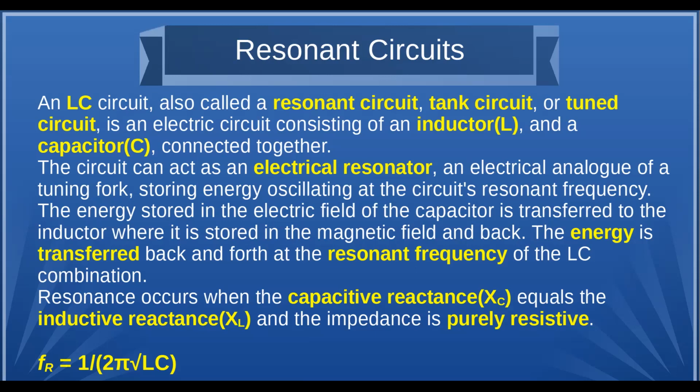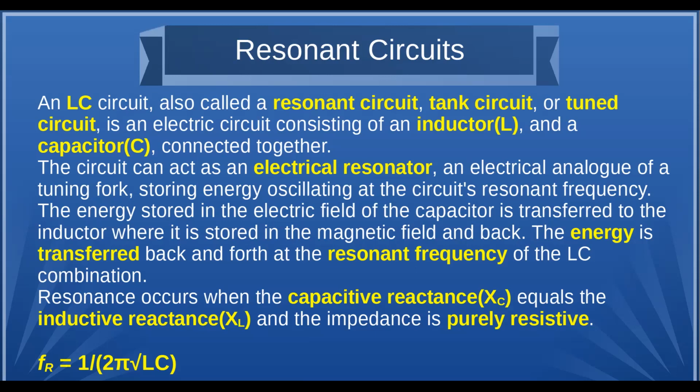And what's actually happening is when you apply some energy to that resonant circuit, as you charge up the capacitor, it's going to store that energy in the electric field until it's full, basically, so there's no more current flow, at which point it starts to transfer the energy to the inductor, where it's going to start charging up a magnetic field until it's full.